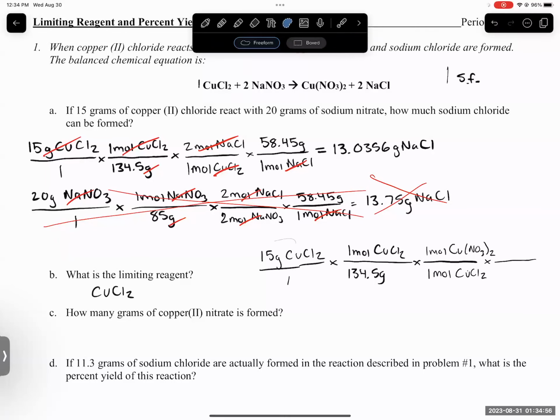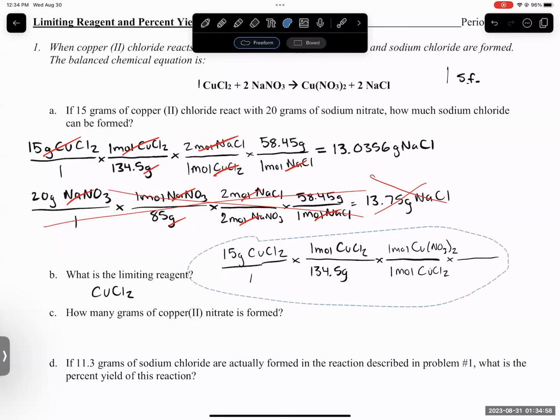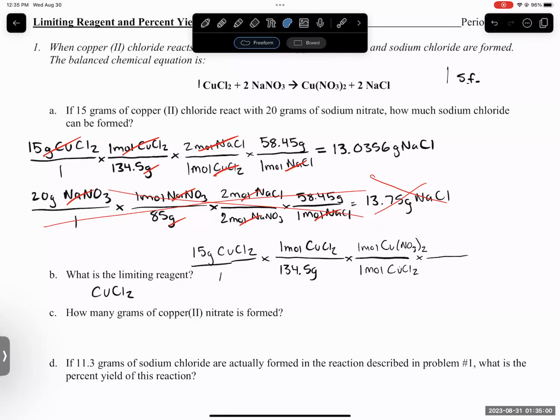And then, someone have the mass of copper 2 nitrate? 125.45. Thank you. And what does that give us as an answer? I know that's wrong, sorry. 134. Yeah, 134.